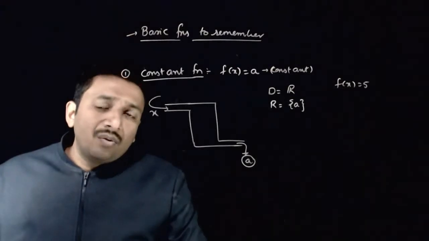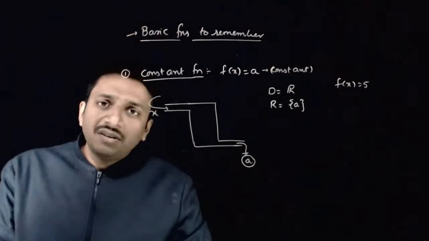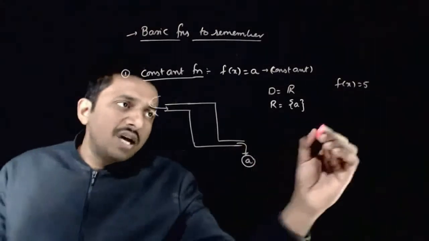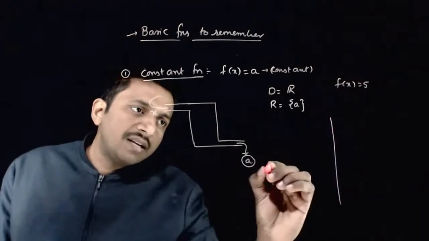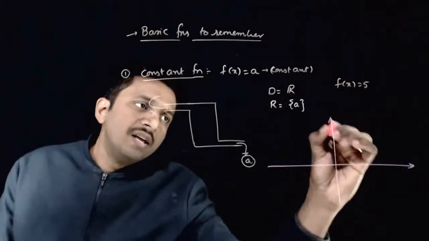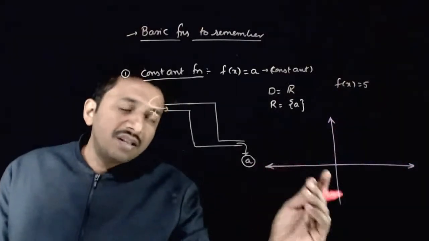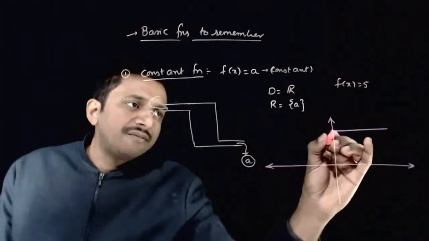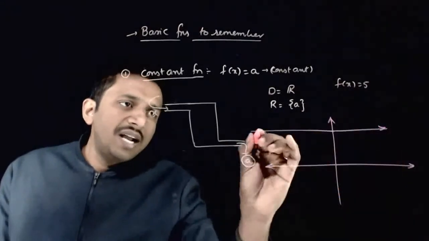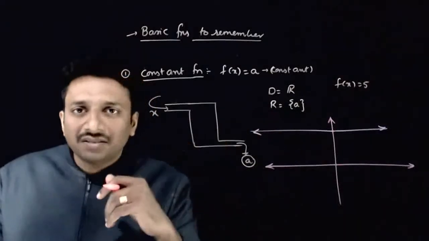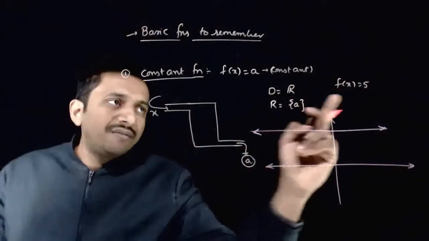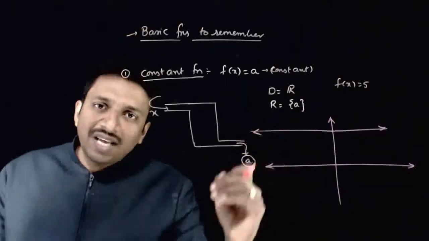Once you understand the machine interpretation, domain and range, you need to understand the graph of this function. So how does the graph of this function look? Whatever be the value of x, the value of y is always the same number. That means you get a graph which is a straight line parallel to the x-axis at a distance of a from the x-axis. If a is positive, you get the graph above the x-axis.